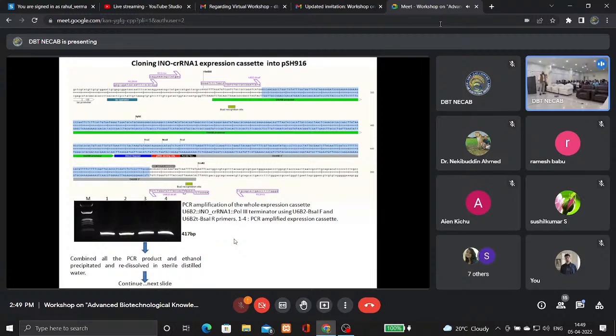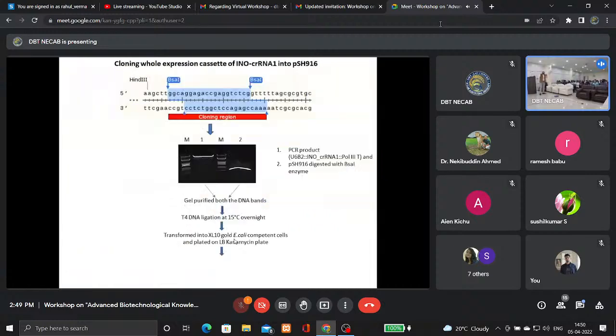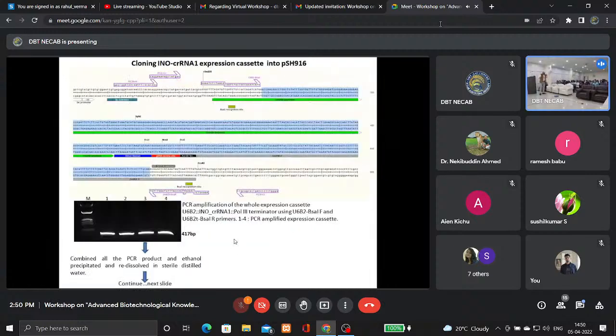There is another BsaI site here. We included them, and then we amplified. So this is an amplified product: the whole expression cassette, the U3 promoter or U6 promoter with your guide RNA, the Pol3 terminator and other things. We amplified the whole expression cassette and then purified it.